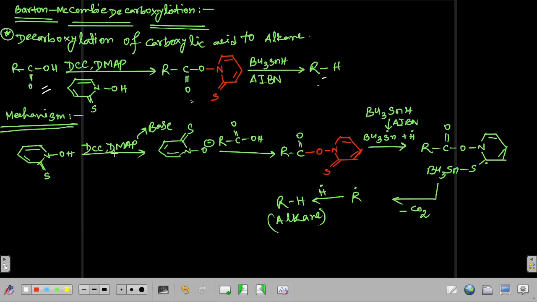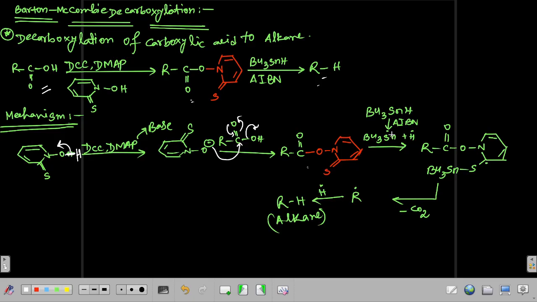Here in presence of DMAP, DMAP is a base, so it will abstract this proton, and it will form this alkoxide ion. This alkoxide ion attacks the starting material, and it leads to the removal of the hydroxyl ion. Okay, so it will form this intermediate.